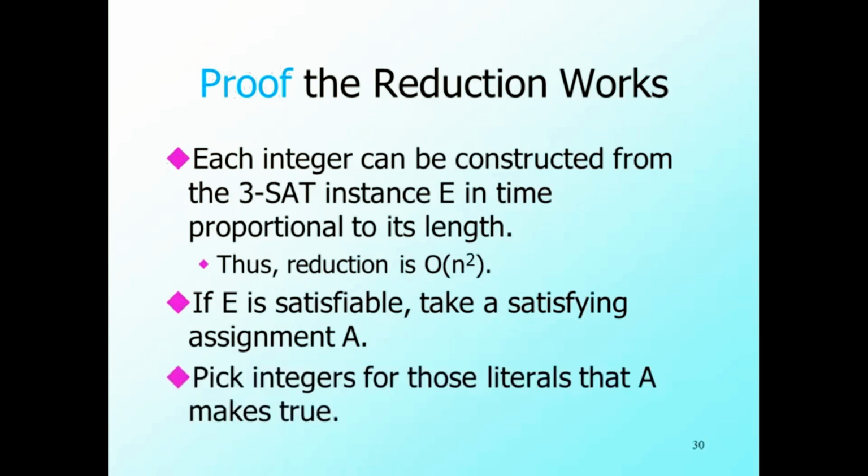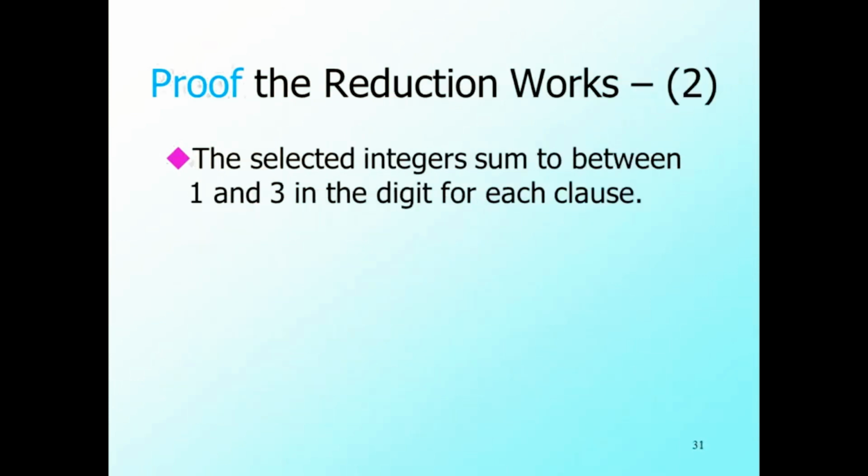For a subset of integers, we'll start with the integers that correspond to the literals that A makes true. That gives us the necessary one in the position for each of the variables, that is the high order positions. The integers we selected so far make each clause true, so their sum in the positions corresponding to the clauses, that is the low end positions, will each sum to 1, 2, or 3.